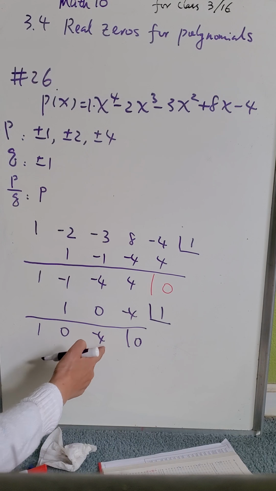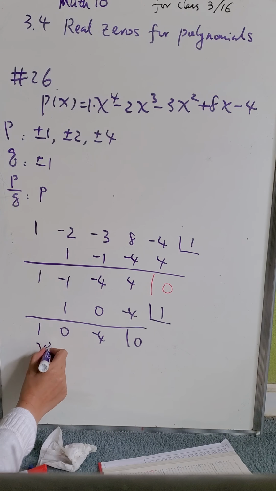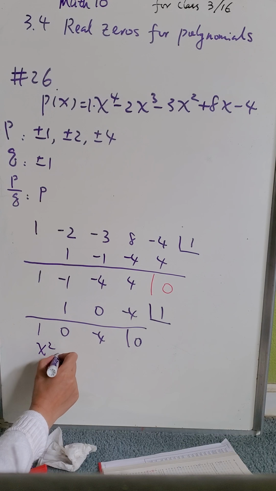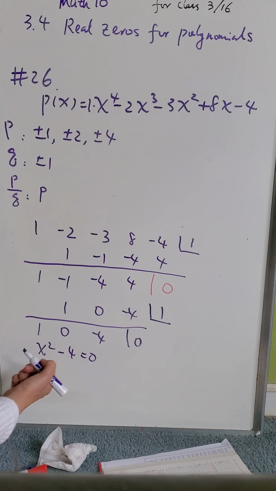Now the rest of it, I'm going to put back into the polynomial. I lost 1 degree here, degree 3, degree 2. So this is x squared, this is 0, and the next, minus 4 equals 0. Now you can easily solve this one.